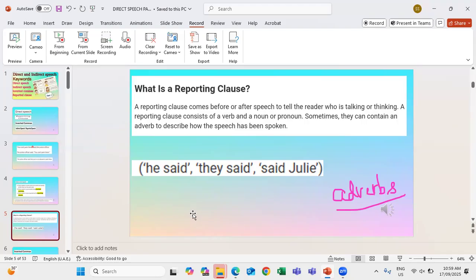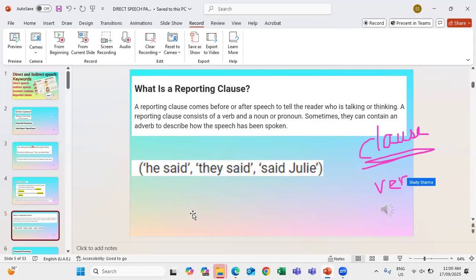So we understand that the reporting clause tells who said the words. It can come before or after the speech. And how do we write it? There will be a verb and there will be a noun or a pronoun. Now, the word clause suggests that it is a group of words which contains a verb. So there should be a verb in the reporting clause.